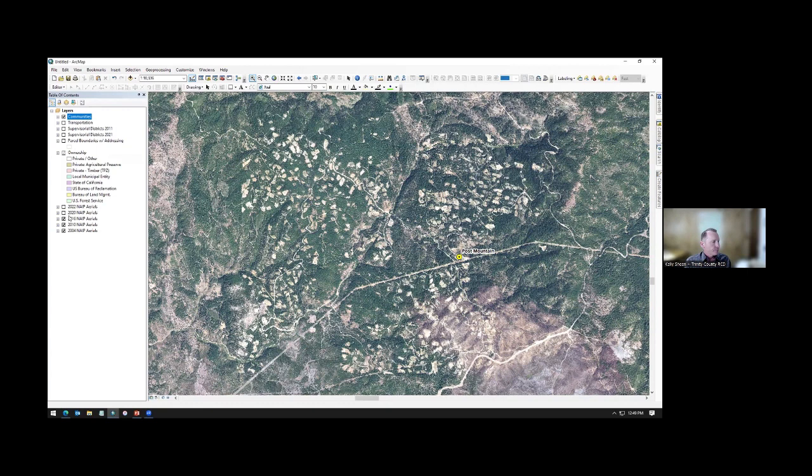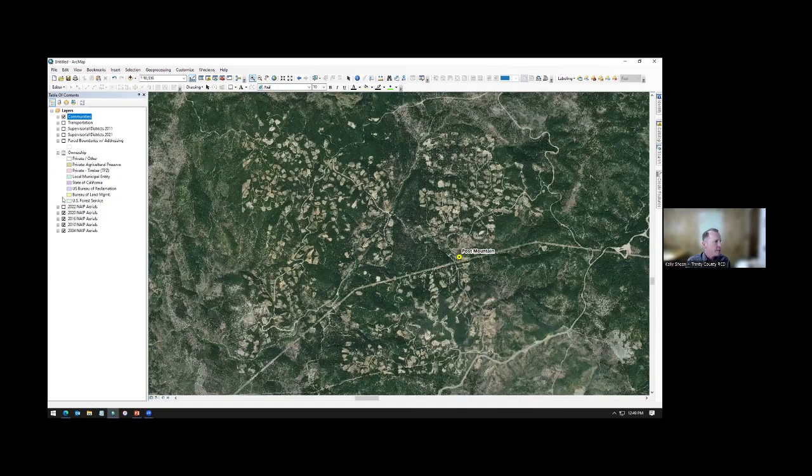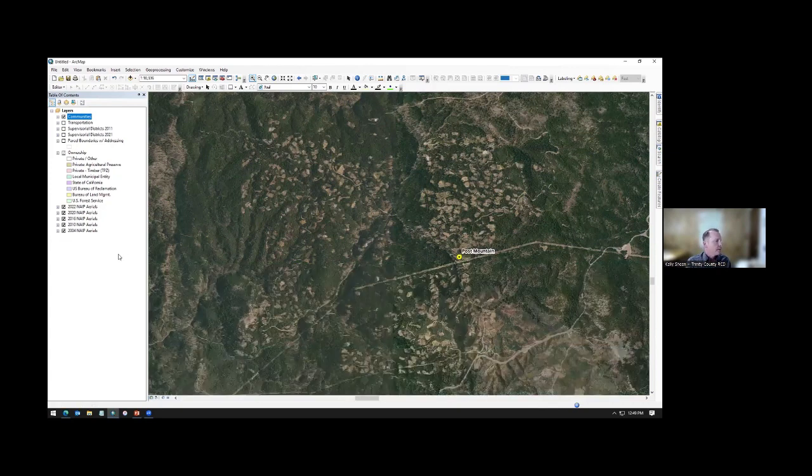That influx of people into this area had a significant impact on the county just in general. I'll show you a couple more. There's not a lot of change between this and say the 2020 aerial photo. There's a little bit more development. 2022, there's a little bit more development.